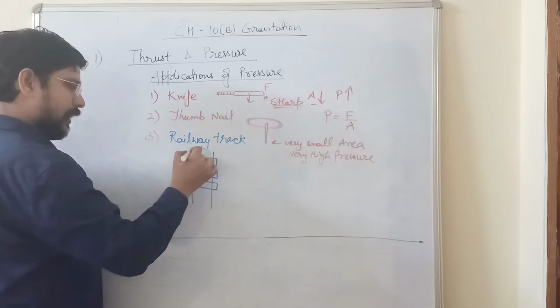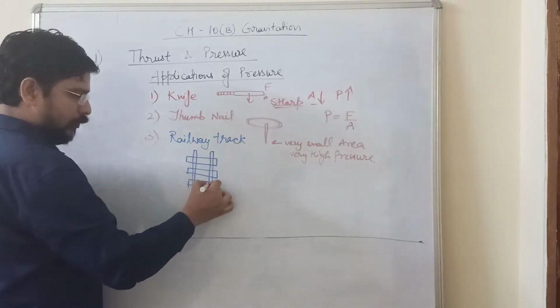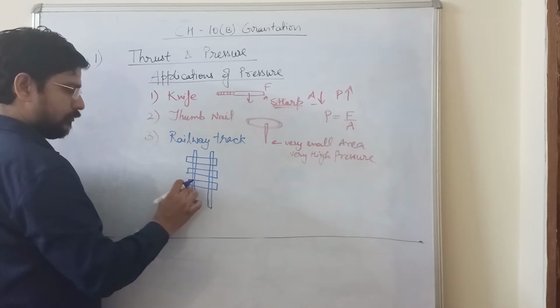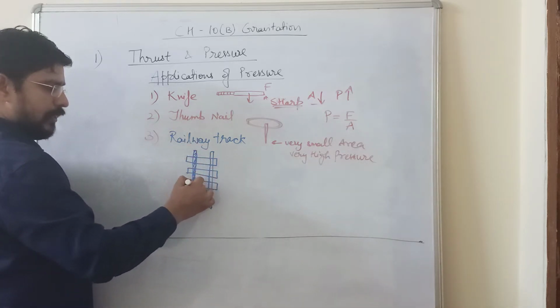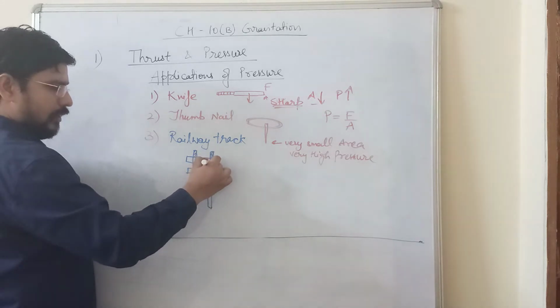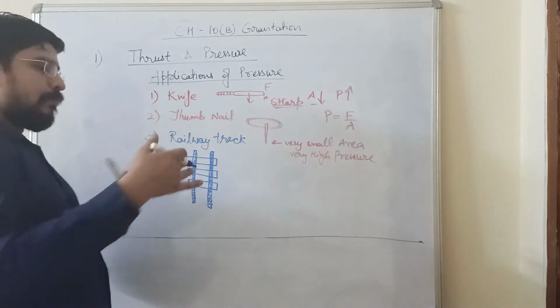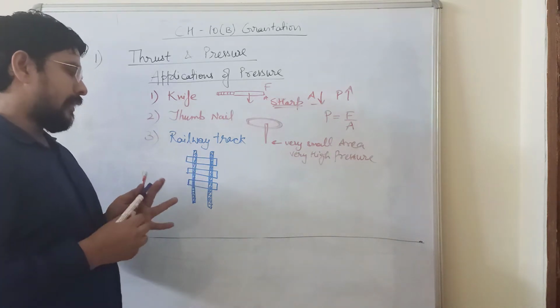What these sleepers are doing is actually increasing the area of the line. If we do not use these sleepers, then the area of the line is very less, shown in blue color, and the railway track lines may go deep into the soft mud or land.